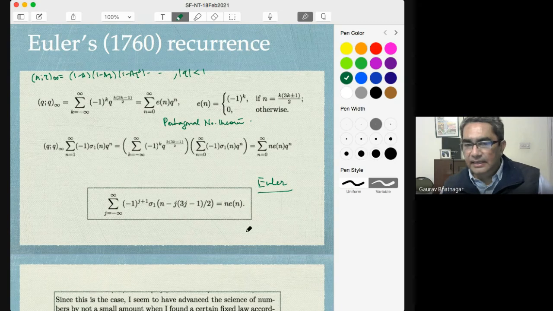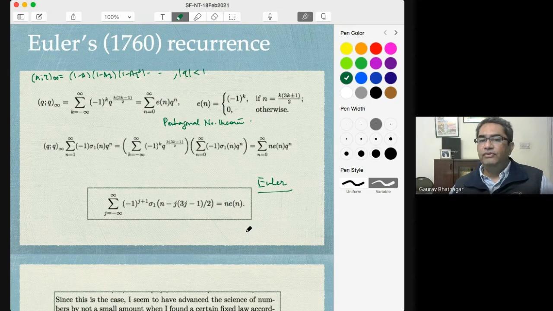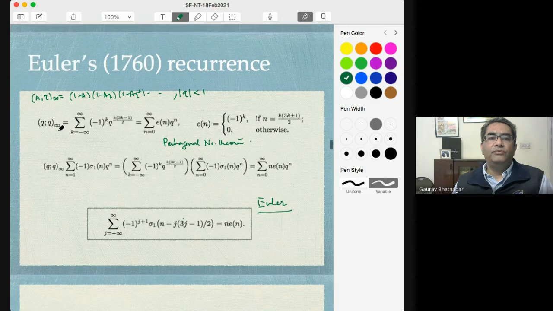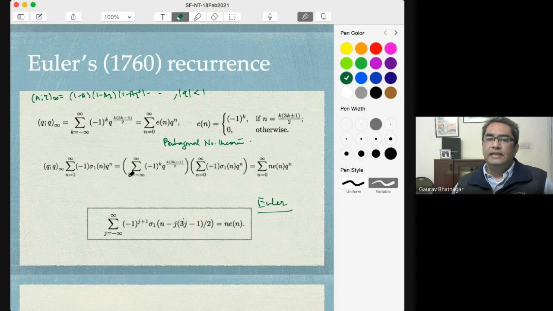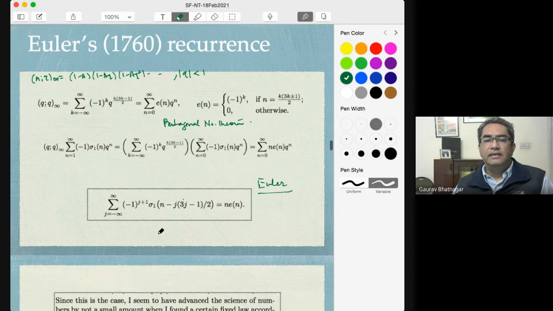This was probably the first result where some kind of connection between these numbers came in a partition function. 1 over q infinity is the generating function for partitions. So these numbers, the pentagonal numbers, are very linked with partitions, and Euler was quite excited about this result.